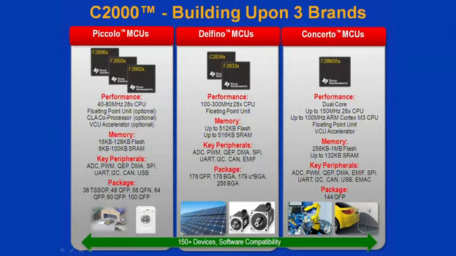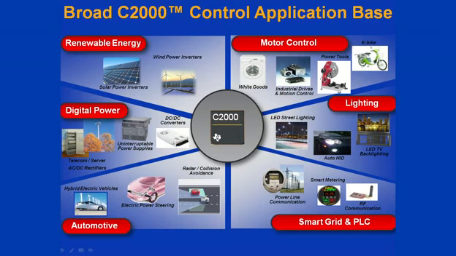The three product lines provide you with over 150 devices to choose from and maintain software compatibility. The C2000 product family has a very broad application base with target markets in motor control, lighting, smart grid and power line communications, automotive, digital power, and renewable energy.